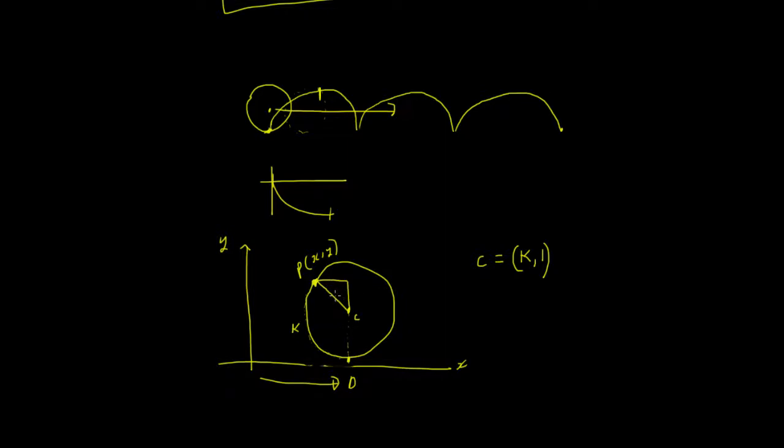if we call that angle alpha, getting quite small now, that's angle alpha, then this distance here is simply the sine of alpha.